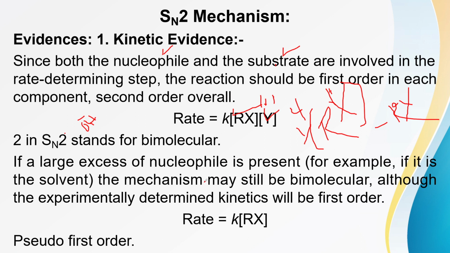Still, the molecularity of the reaction is 2, because during the reaction two molecules are involved: our substrate RX and our nucleophile OH. Molecularity just tells us how many molecules are involved, while order tells us how many reactants are controlling the reaction. Such a reaction, which is initially SN2 but which we convert into a first order reaction by taking one reactant in large excess, is known as a pseudo first order reaction.